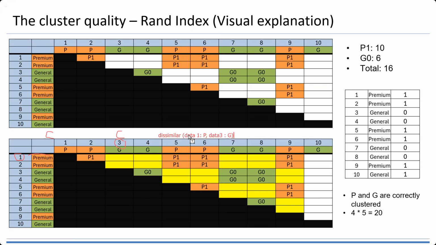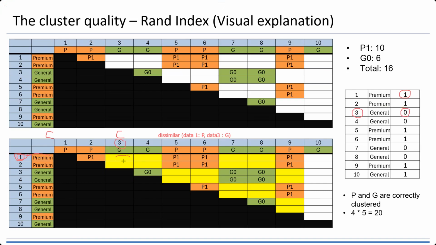So they are not the same actual data, but they are correct. Why are they correct? Because the data number 1 belongs to cluster 1, and the data number 3 belongs to cluster 0.